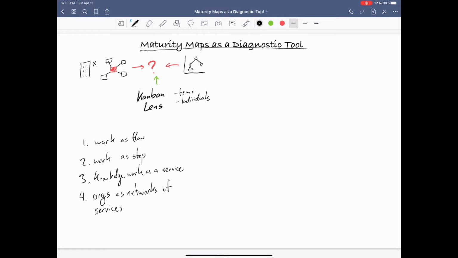So this really, I think, applies well with maturity maps. So if we were to map one out real quickly, we can see that work starts off at the bottom of the value chain and sort of flows up towards the top until it meets a user need.